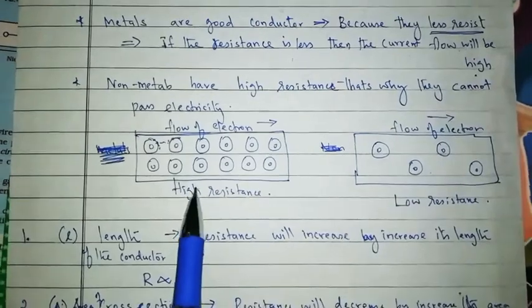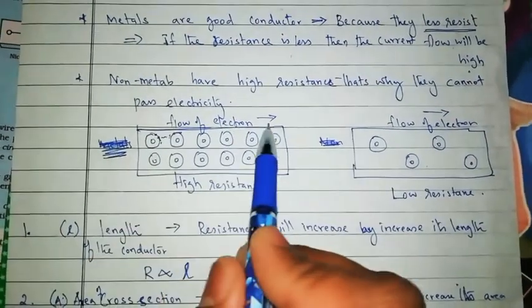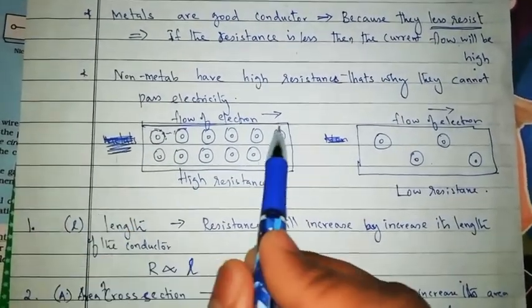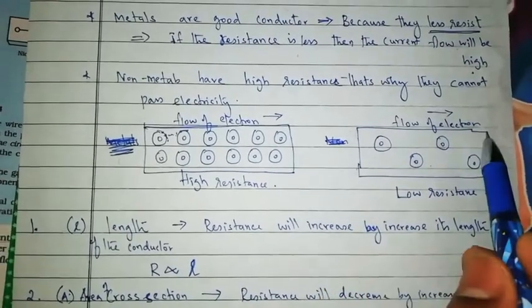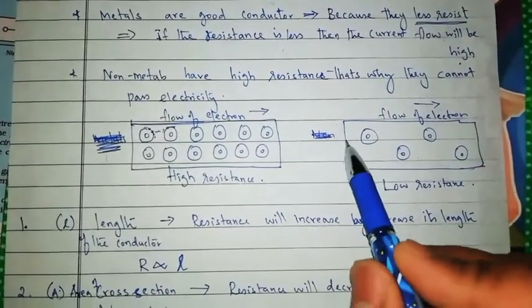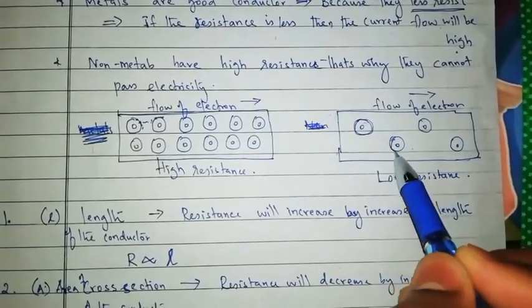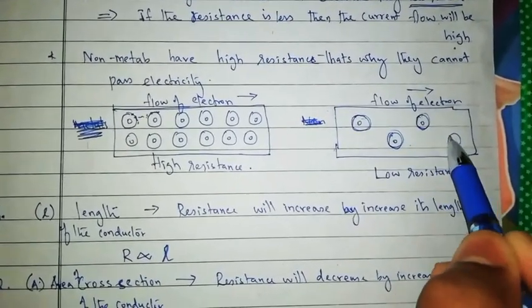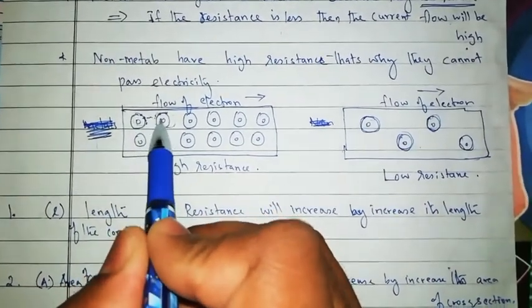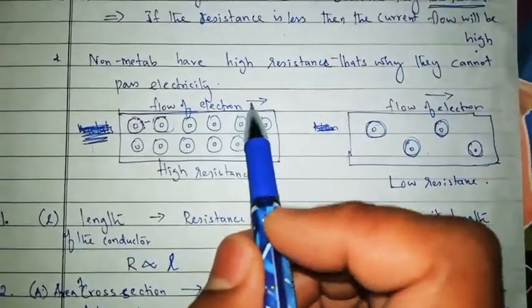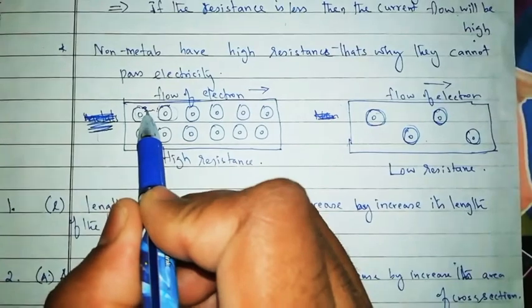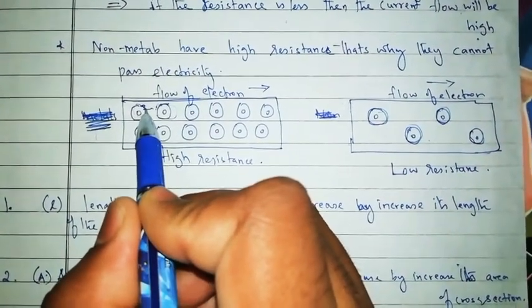Take an example, this is some kind of metal. Look at it. Here you can see the atoms which are present in a metal. You know how the current flows? Only on the top shell we have the last electron.